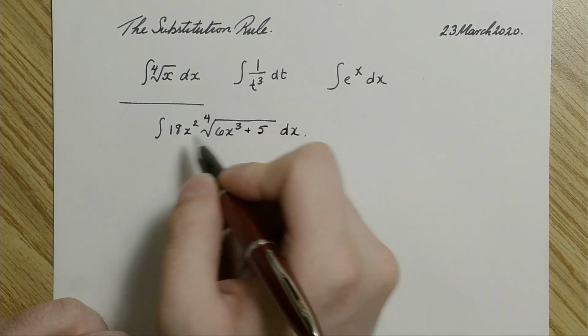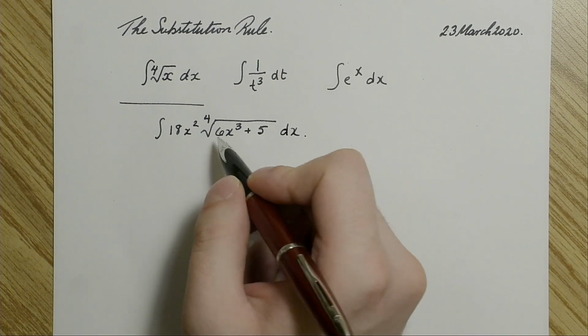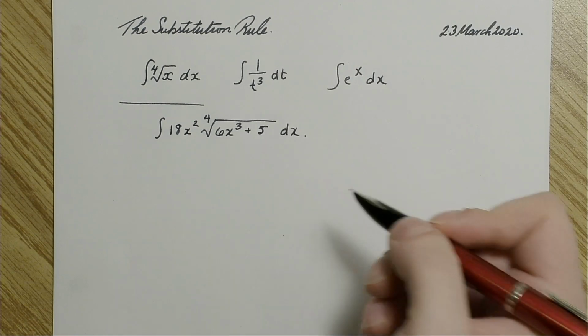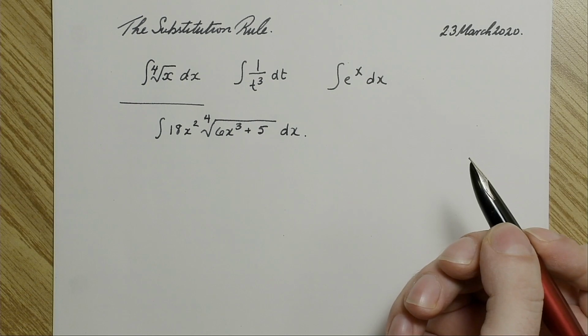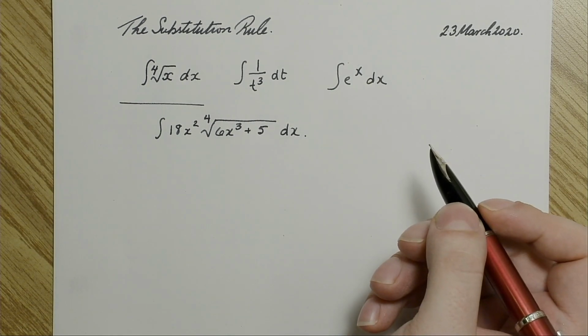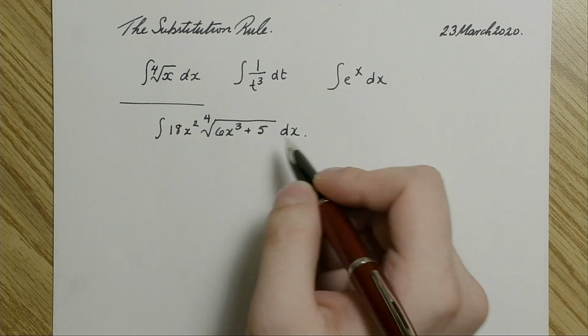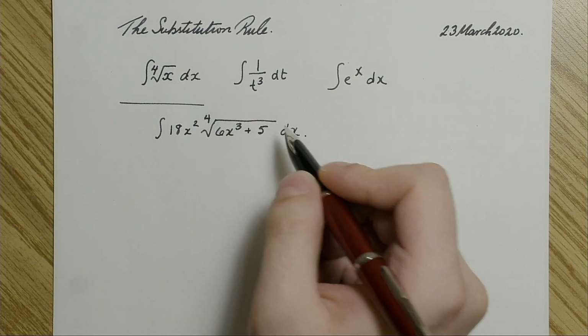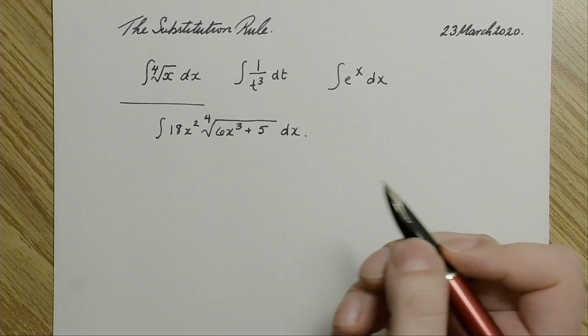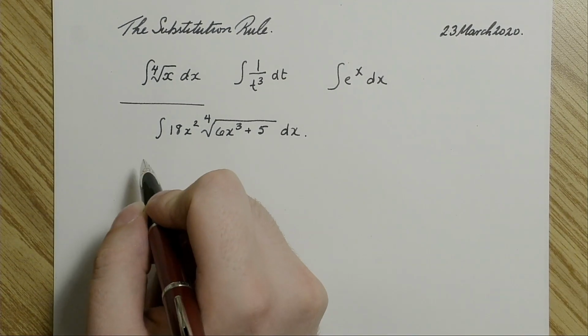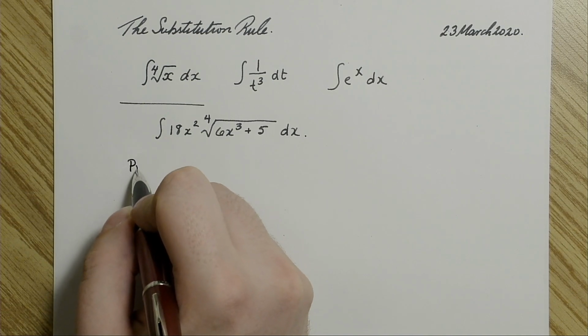We can't really expand this out and collect like terms because this fourth root is a little bit more difficult. When we're expanding stuff, we can do it with whole exponents, but we have this 1/4 here, and that's a little difficult. So what we need to do is use our problem solving skills.